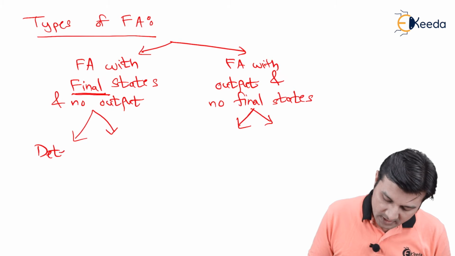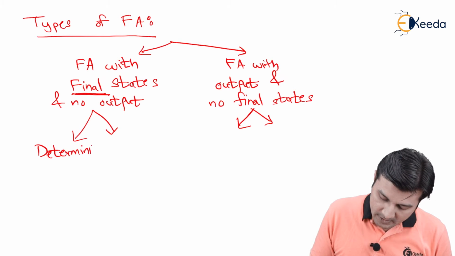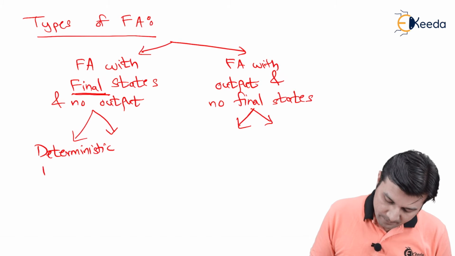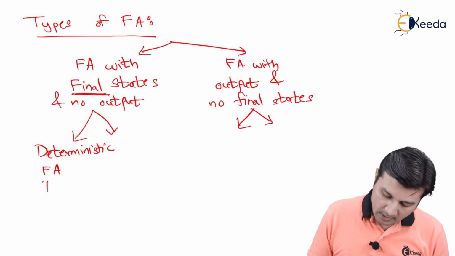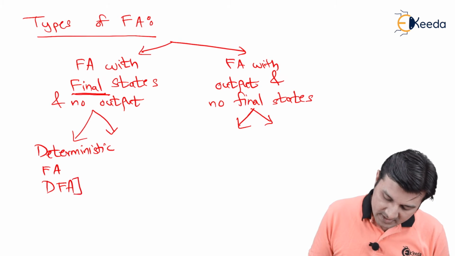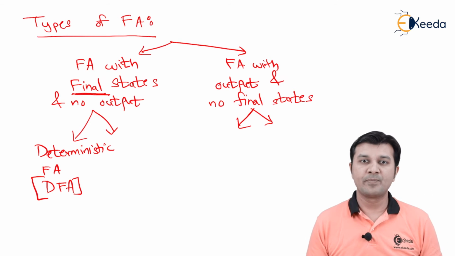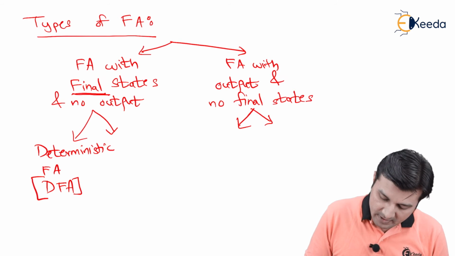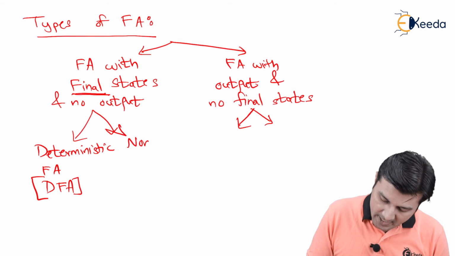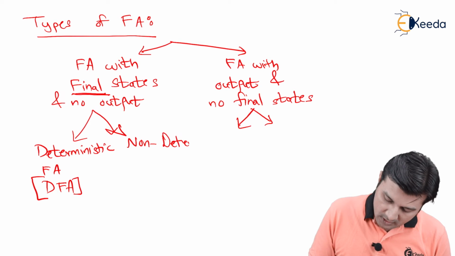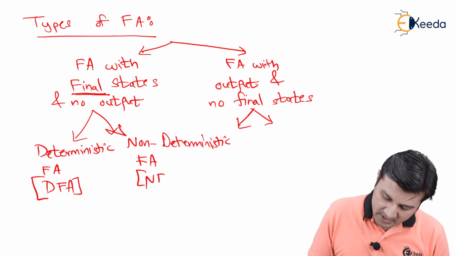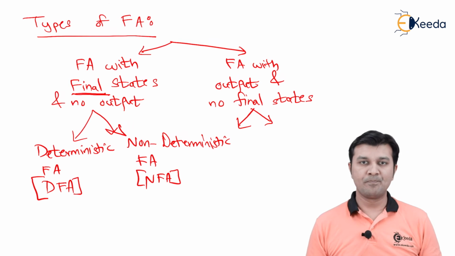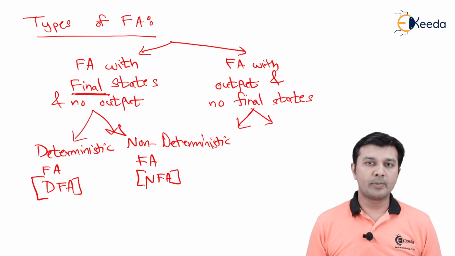The first one is called as deterministic finite automata, abbreviated as DFA, and the second one we call it as the non-deterministic finite automata, abbreviated as NFA. So these are the automata types.